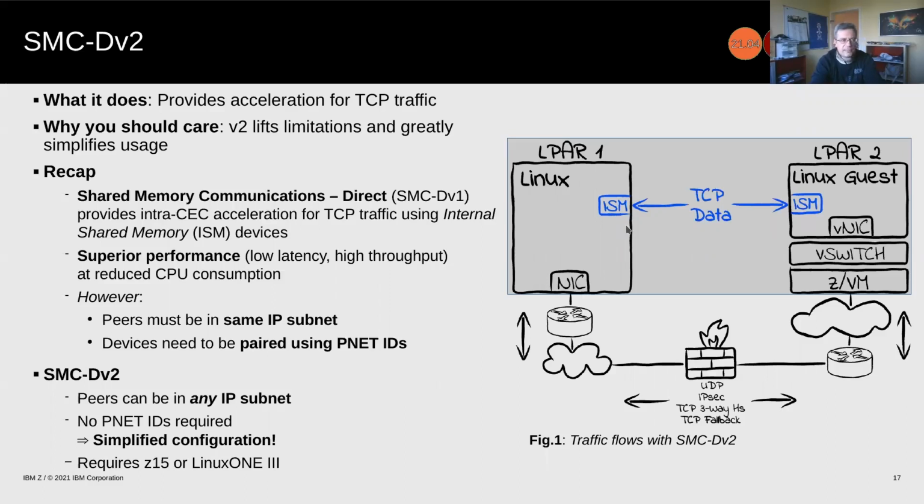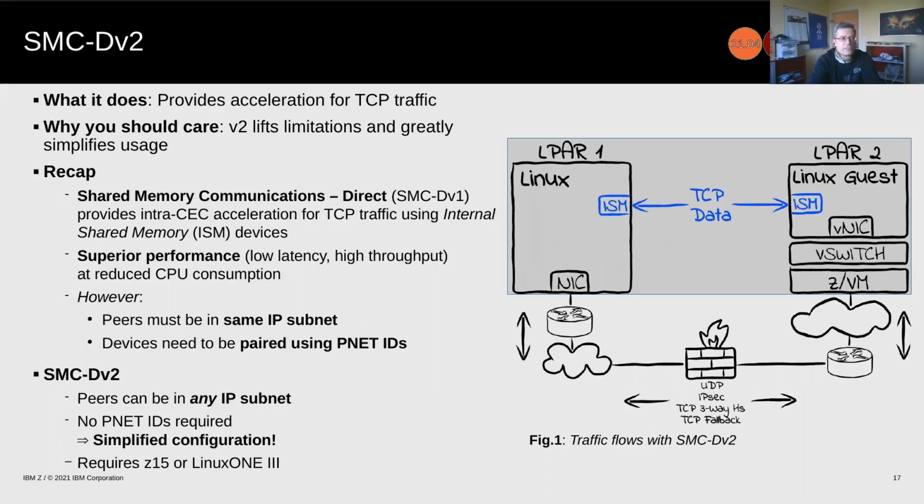And we can then run the TCP data over these ISM devices. And these ISM devices are terribly fast, so you can reach tremendous throughput and latency values with this technology. It's hugely impressive what kind of throughputs you can achieve with that.